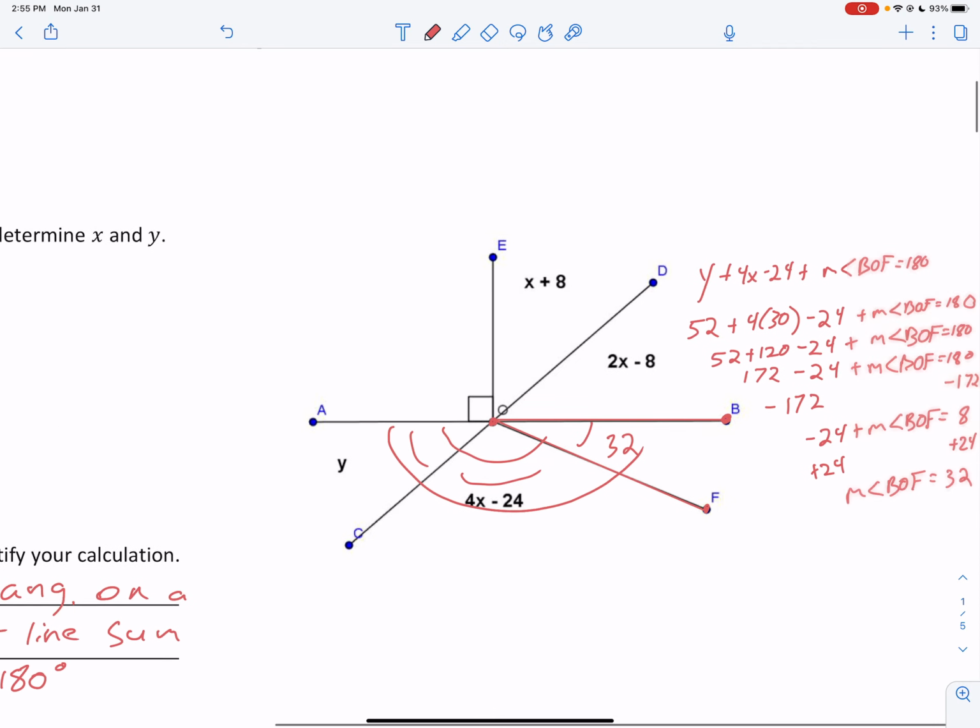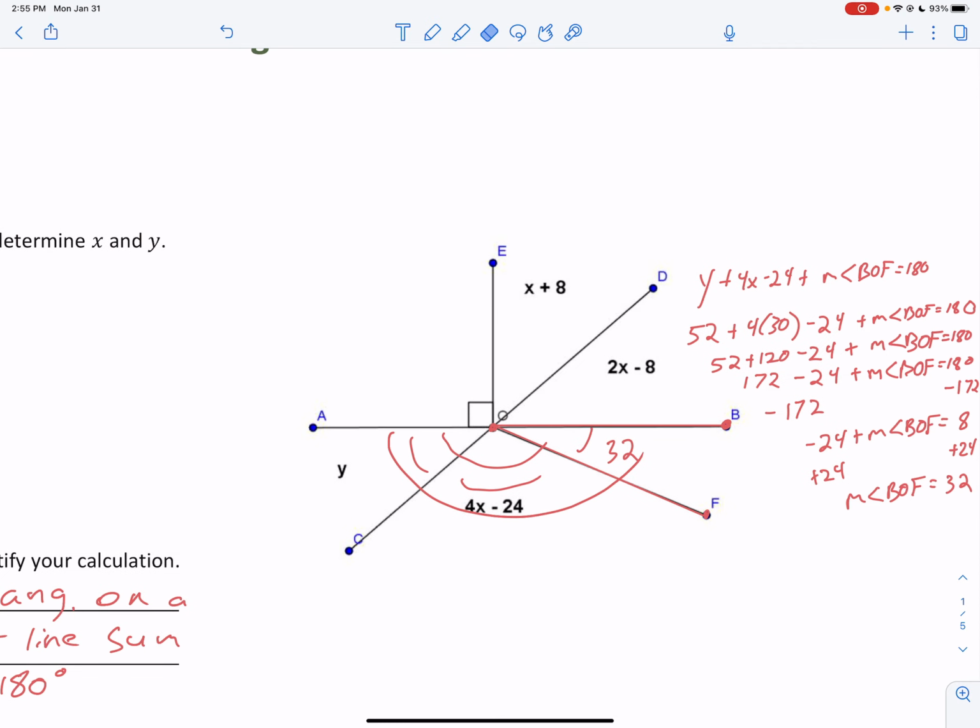Name a pair of vertical angles. Let's look at this and find some vertical angles. Well, the only vertical angles my eyes spy are the ones that are made by these two lines. This is an angle made by those two lines intersecting, and this. So these are vertical angles.